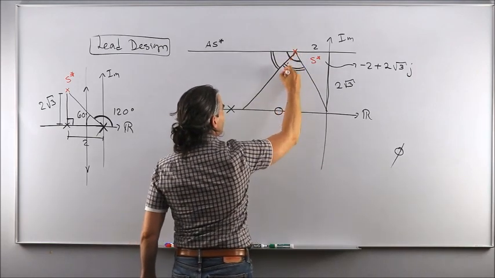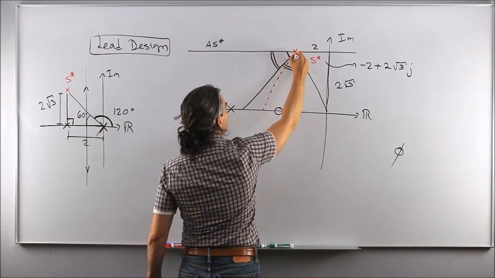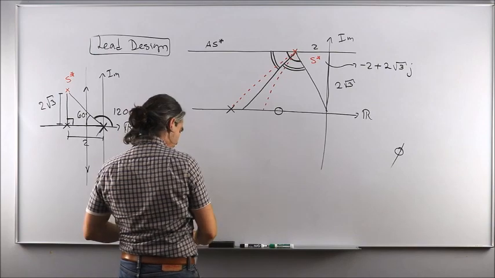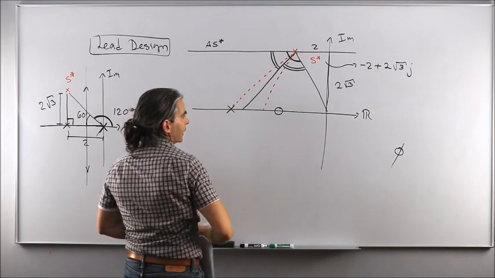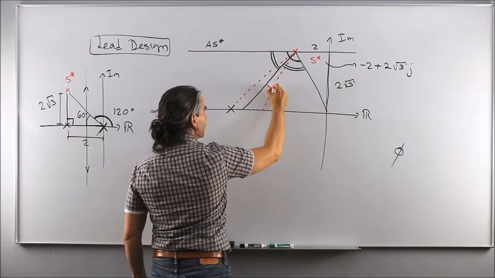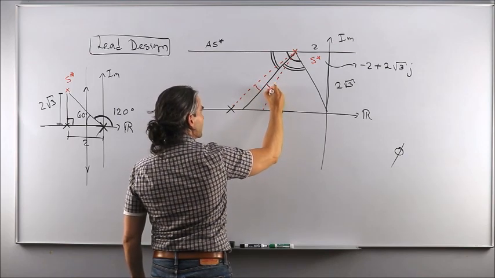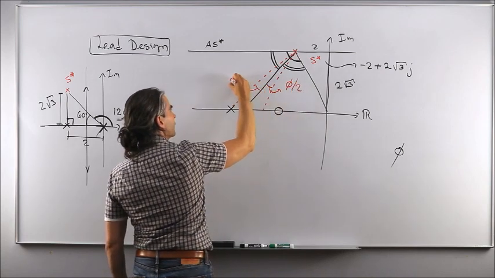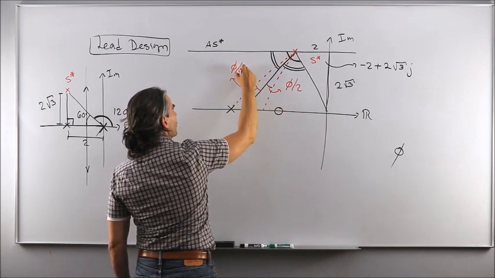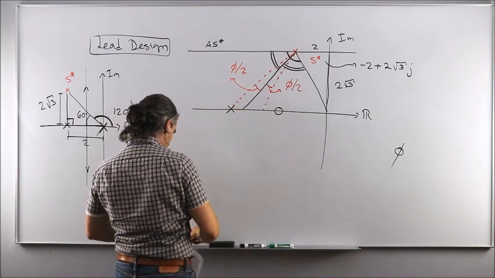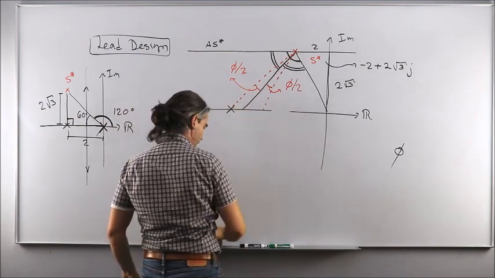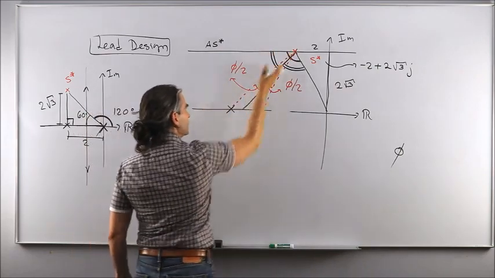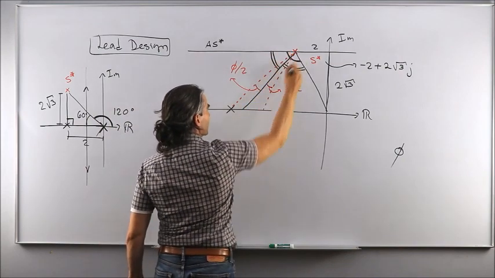So one line here on this side and one other line on this other side. And those two lines have to be at phi over 2 from the middle line. Okay, so this angle here is phi over 2, and this angle here is phi over 2. And the intersection of those two lines with the real axis will give me the pole location on the left side of this kind of intersecting line that cuts this angle in half.